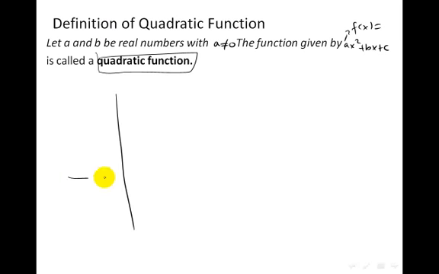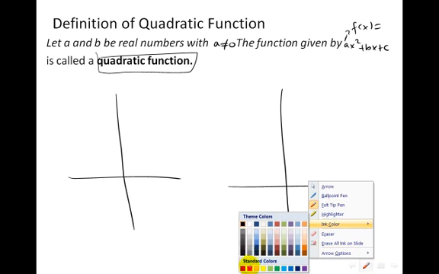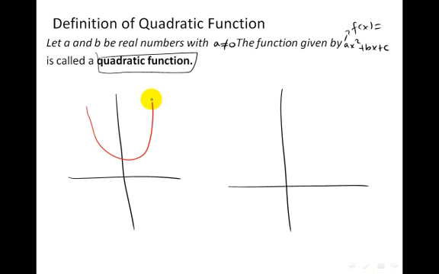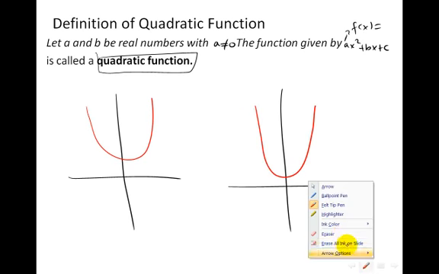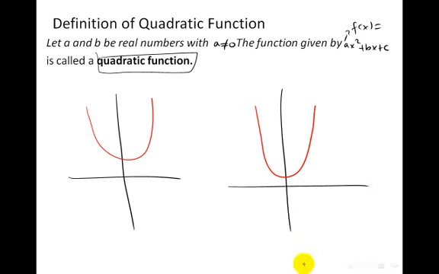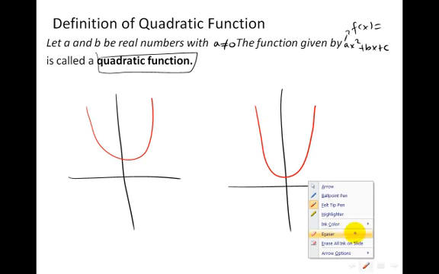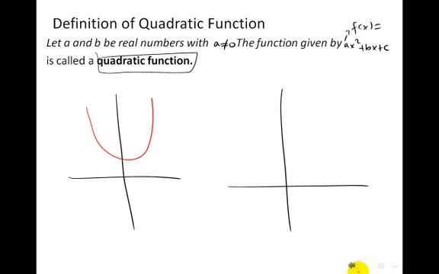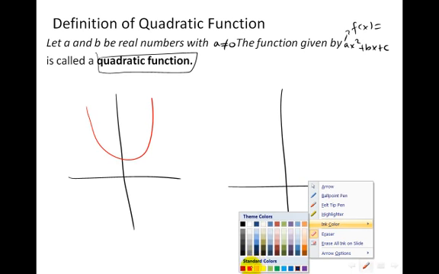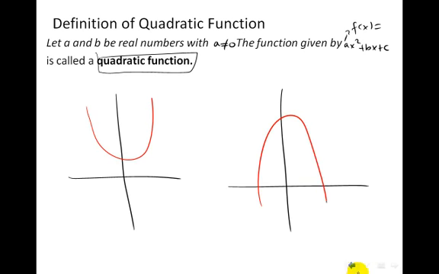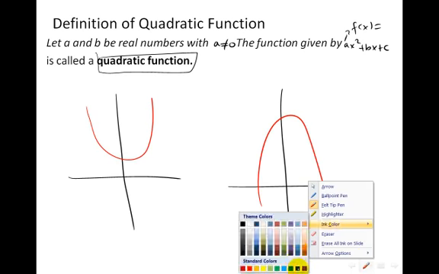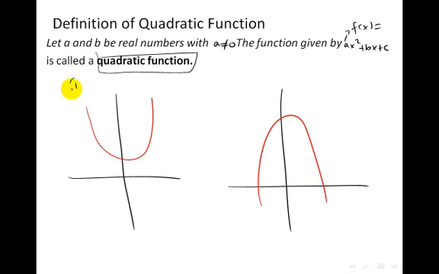Okay, let's see a little bit about graphs of quadratic functions. Once we're talking about these two graphs, let's call this figure 1 and this figure 2. Here this one opens upward, right?